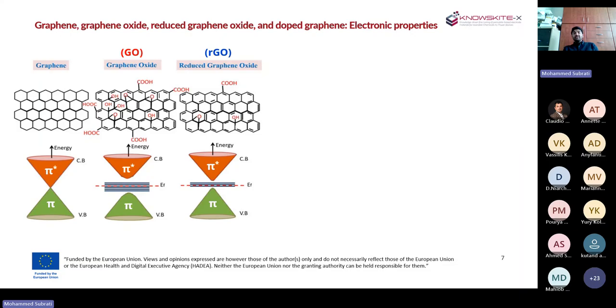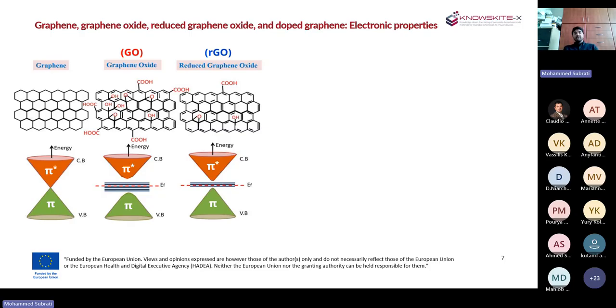So this was for the graphene. You can see on the first image on the left, you have, as I said, the Dirac cones, with the bonding and anti-bonding p orbitals. So what happens if you oxidize graphene, which gives graphene oxide? It's the oxidized derivative. Basically, you create sp3 hybridized domains, that is carbon atoms bonded to oxygen functional groups.